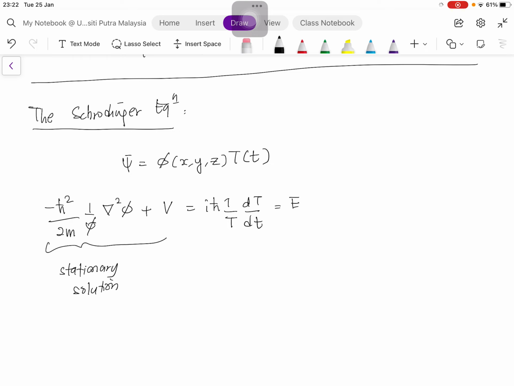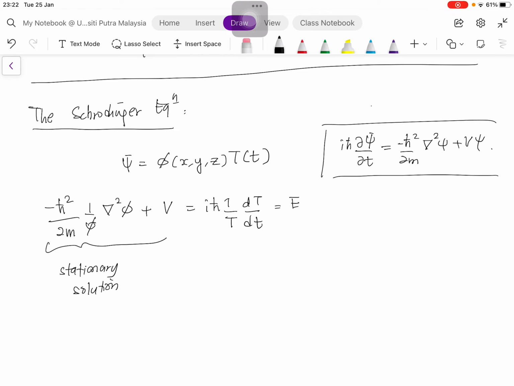Your Schrodinger equation actually takes the following form. This is the original. You see there is a partial derivative of your psi with respect to t, but if you substitute, you arrive at this is equation 1, this is equation 2.